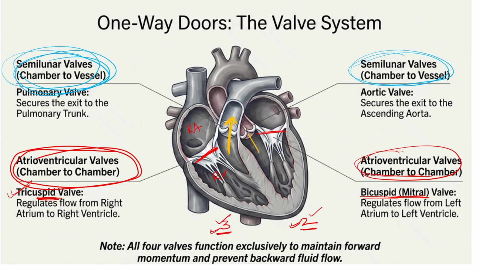Semilunar valves are present between the ventricle and vessel, means between the chamber and the vessel. At the starting of the pulmonary trunk, we say pulmonary valve. At the starting of the aorta, we say aortic valve. So there are four valves present in the heart.